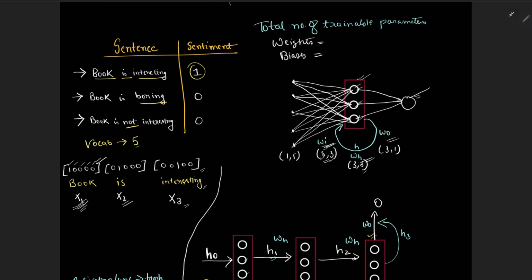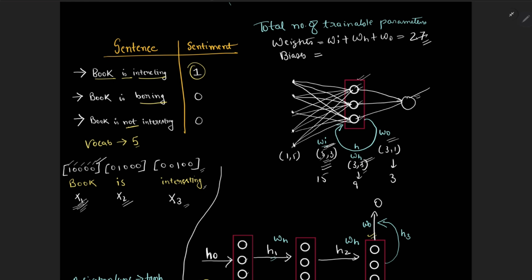In our case, we are taking an input of dimension 1 by 5, a neural network with 3 neurons, and one output. For this, we get weights wi plus wh plus wo. wi is 5 by 3, which is 15, wh is 3 by 3, which is 9, and wo is 3. So they all sum up to 27.